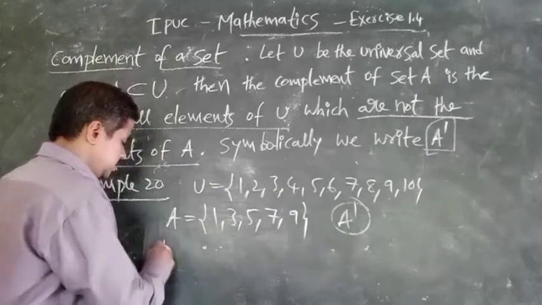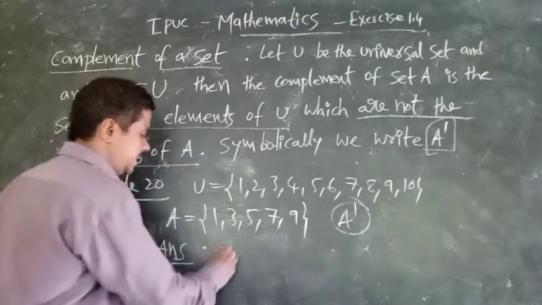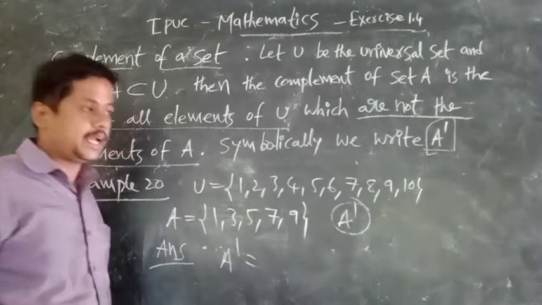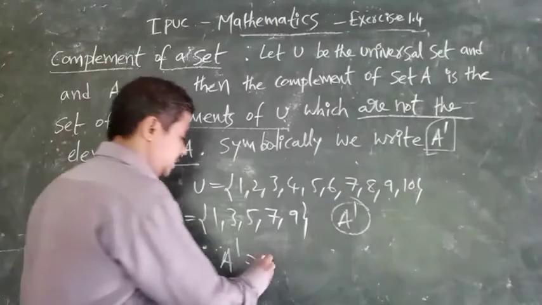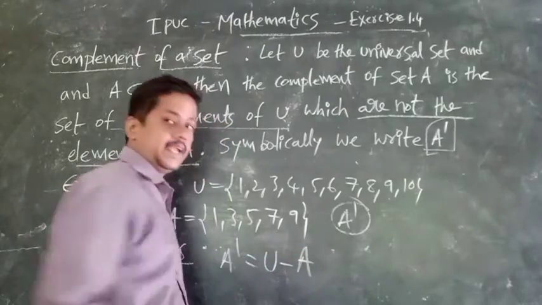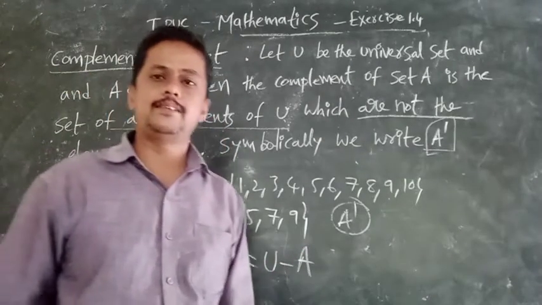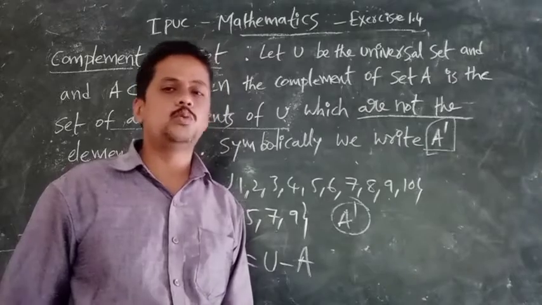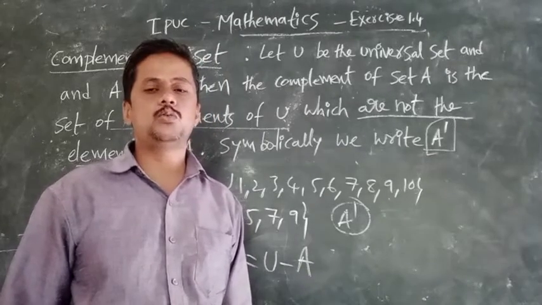Answer: what is the formula? A dash is equal to U minus A, B dash is equal to U minus B, C dash is equal to U minus C, like that.